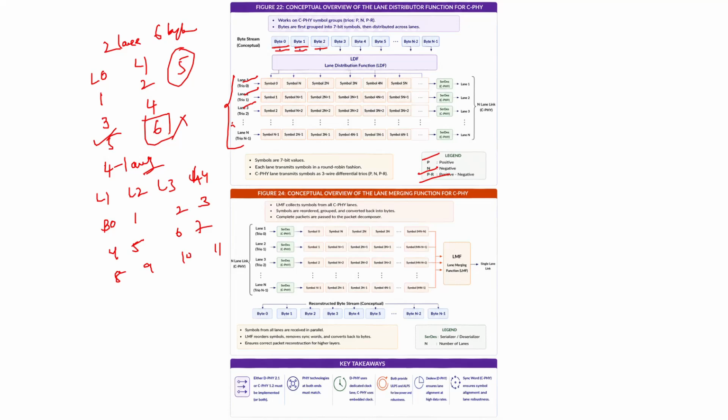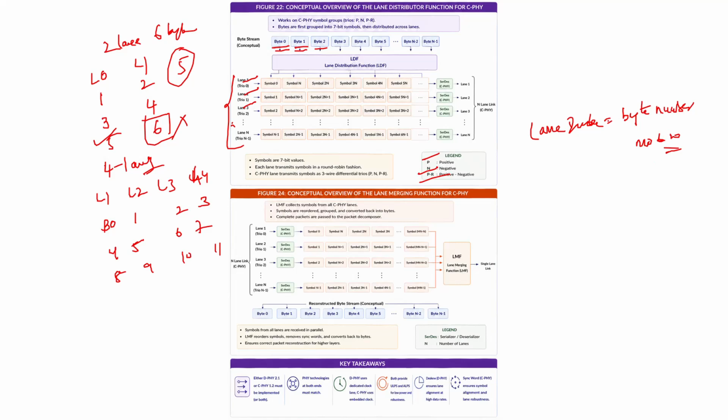In the same way, when there are n lanes, we need to take care of the lane index. The lane index depends on the byte number: the number of the byte you are transmitting, mod n, where n represents how many lanes you are using.